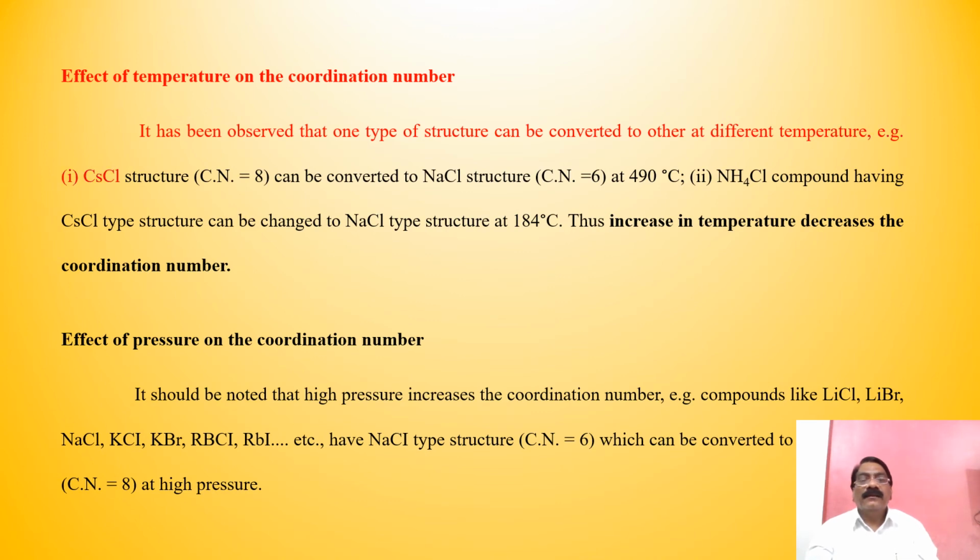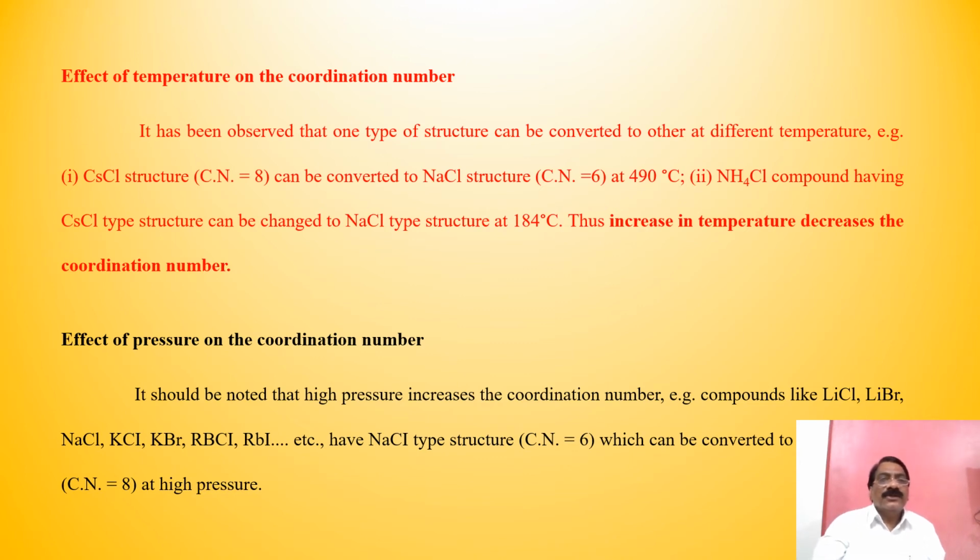For example, one CsCl structure, coordination number 8, can be converted to NaCl structure, coordination number 6, at 490 degrees centigrade. Second example, NH4Cl compound having CsCl type structure can be changed to NaCl type structure at 184 degrees centigrade. Thus, increase in temperature decreases the coordination number.